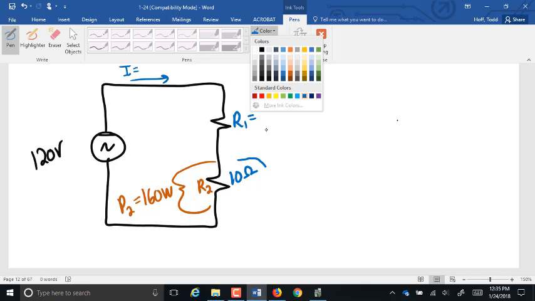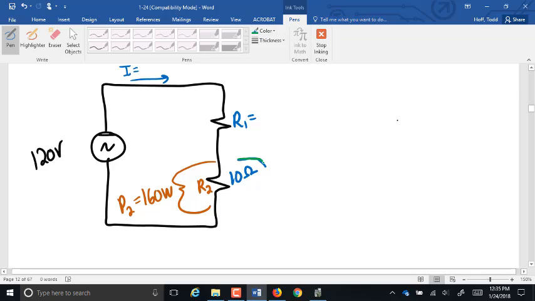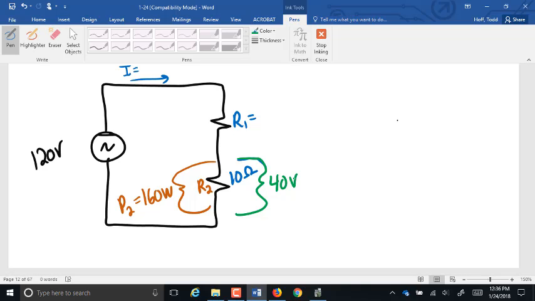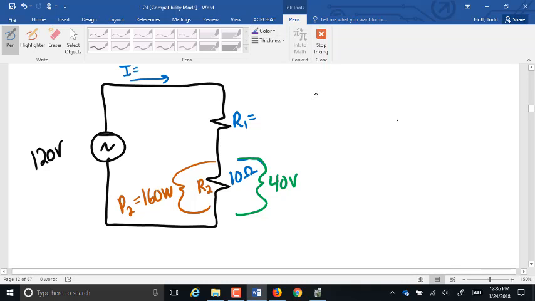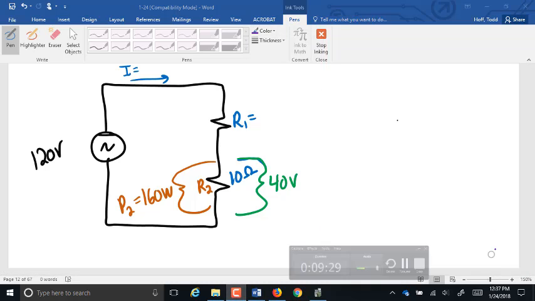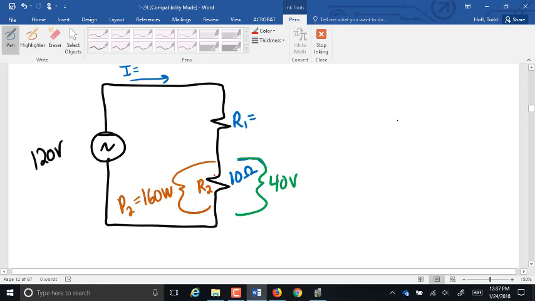Helps if I give you the rest of the information, by the way. I do have to tell you that's a 40 volt drop across there. First thing we need to find is going to be the current.